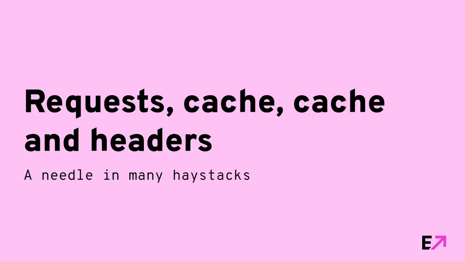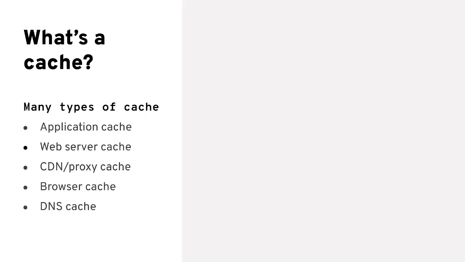I call that a needle in many haystacks because, as we'll see, cache is not cache is not cache. So what's a cache? We have many types of caches, I should say. You probably are familiar with the application cache, which can be Redis, for example, hopefully not file system.